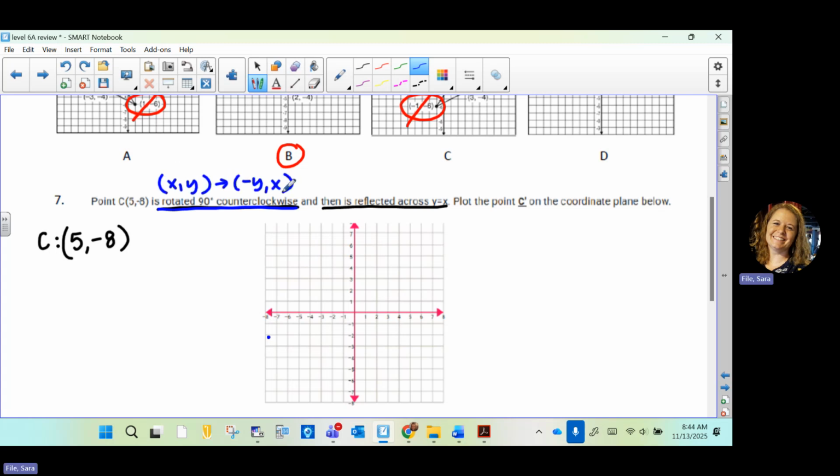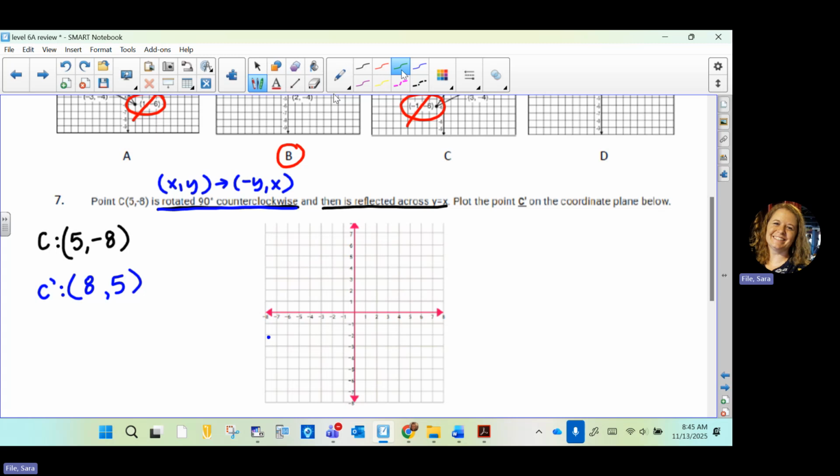So I'm going to apply that here, and I'm going to get C prime. So I'm switching the order. The x keeps its sign, the y changes sign. So the x stays 5, the y changes from -8 to +8. And they switch spots, right?